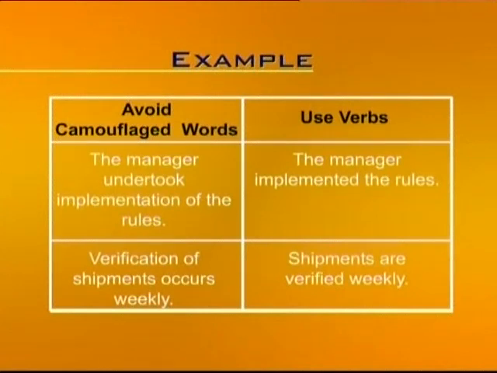Similarly, if you say verification of shipments occurs weekly, here again you are changing it by adding tion. If you say shipments are verified weekly, the sentence becomes more direct, it becomes simpler to understand. The verb is actually used in verb form, not in noun form.